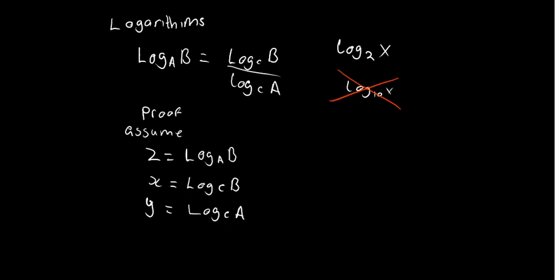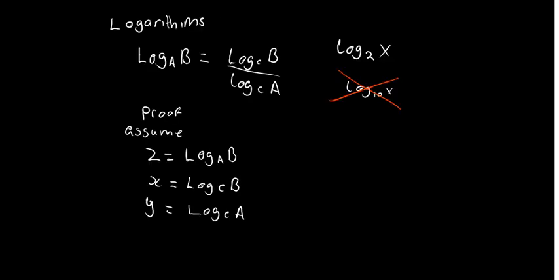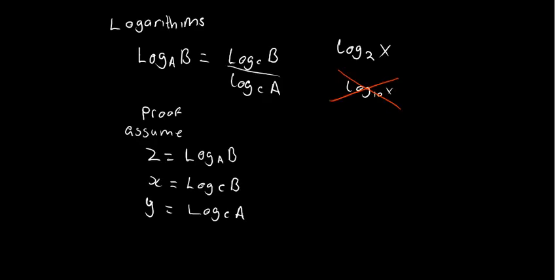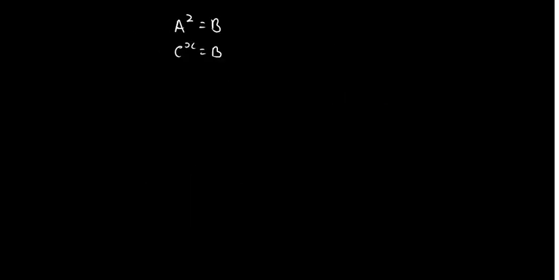So z is equal to log base a of b can become a to the power z is equal to b. Then this other one can become c to the power x is equal to b, and the final one can be c to the power y is equal to a.